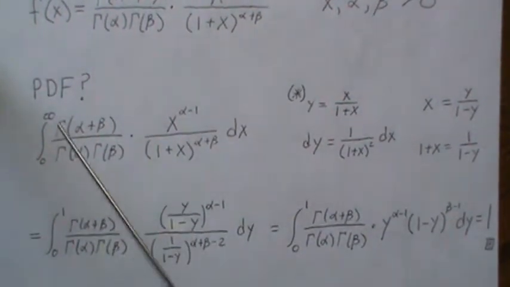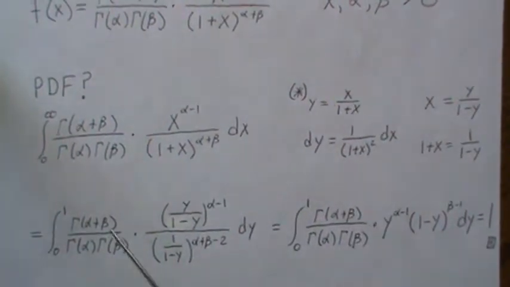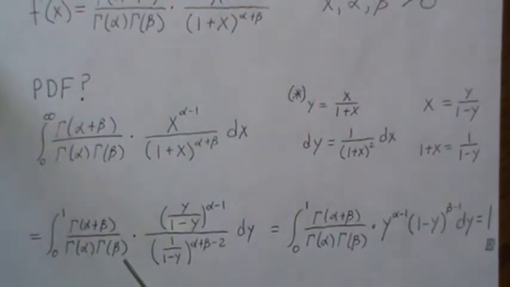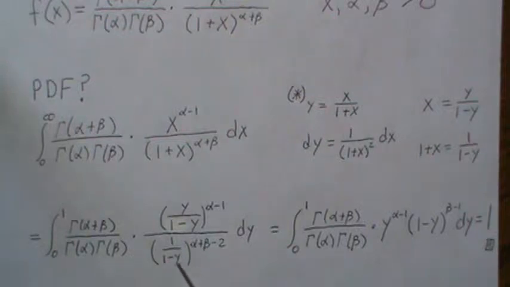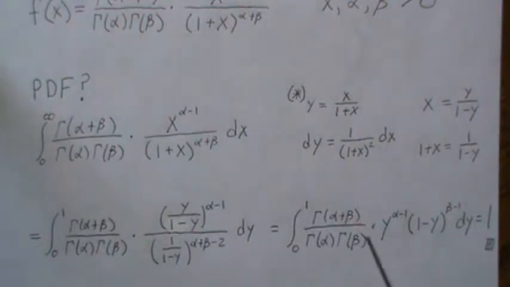And when we plug in our limits of integration, it goes from 0 to 1. When you solve for this, this stays the same, you get y raised to the alpha minus 1. And here, you invert and multiply, and then the alphas cancel, and one of those cancels here, so we're left with beta minus 1.